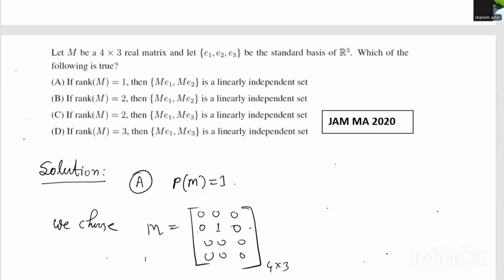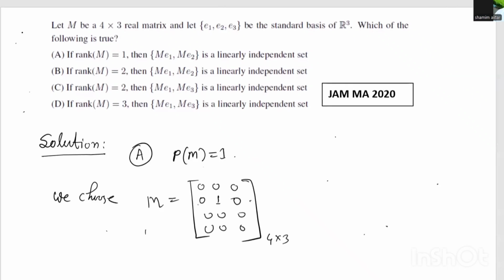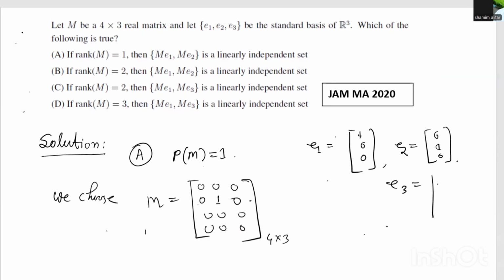Now, multiplying by E1. Here E1, E2, E3 are the standard basis, that is E1 equal to 1 0 0, E2 equal to 0 1 0 and E3 equal to 0 0 1.